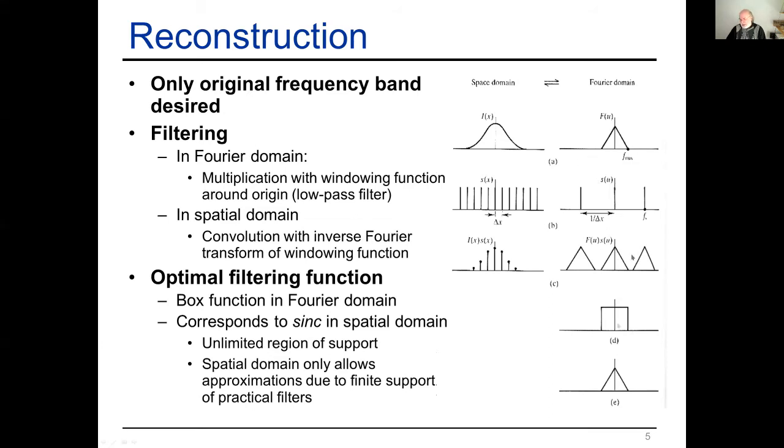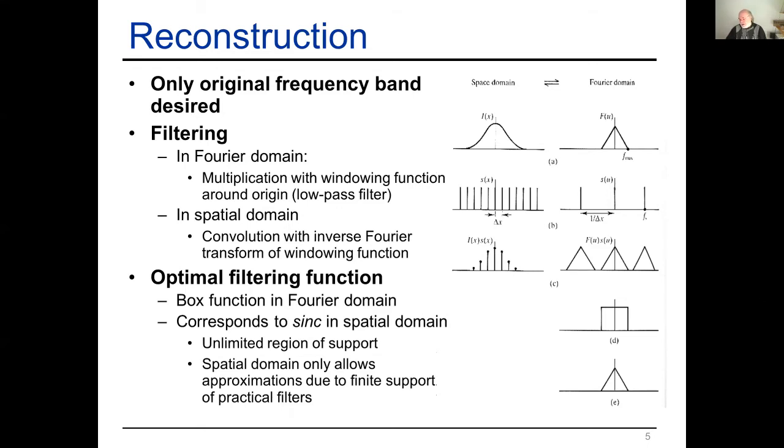Because if I multiply with this, I'm removing all the high copies, and what I get is the original one, and that I can transform back, and in theory I get a perfect copy of my original function. So I can take my continuous function, sample it, represent it with a finite amount of samples, and then reconstruct it and get my original continuous function back. That is the idea, okay?